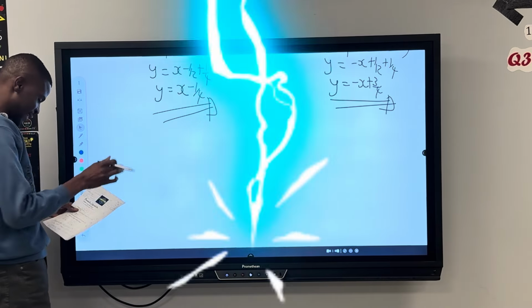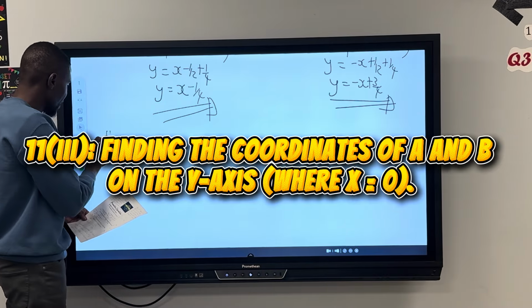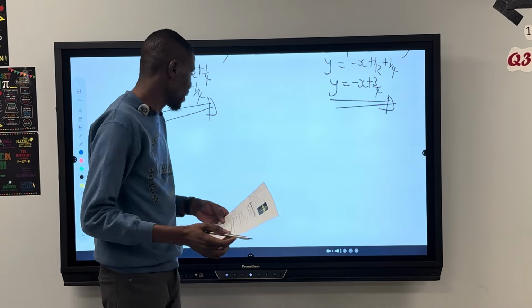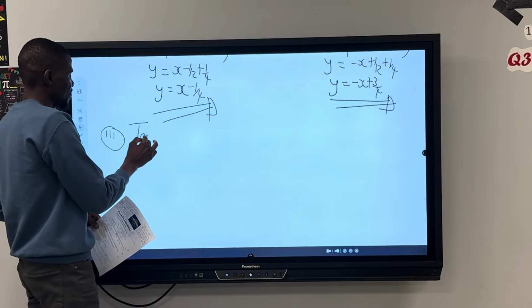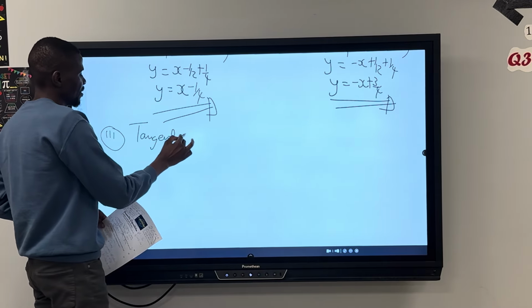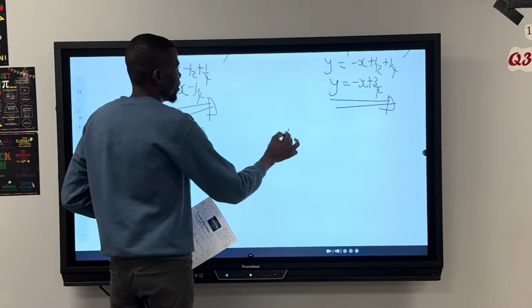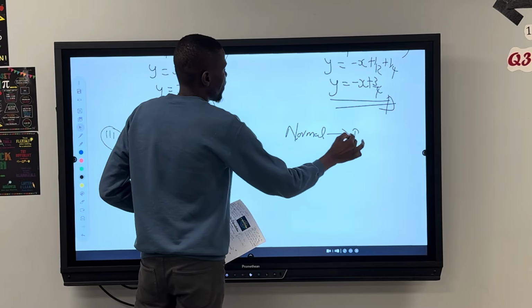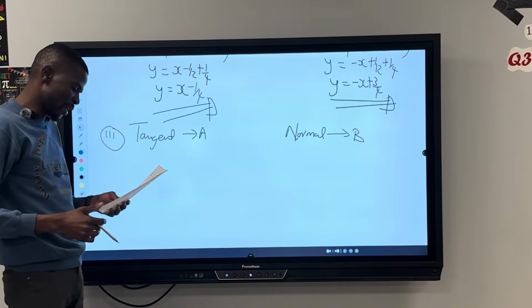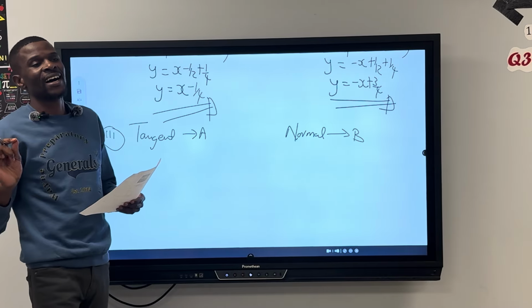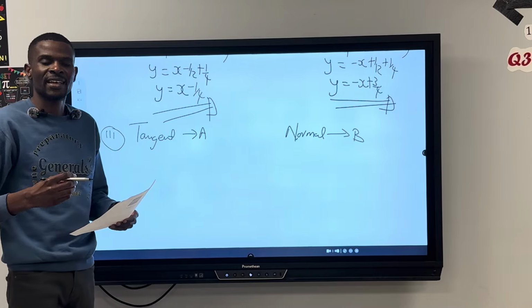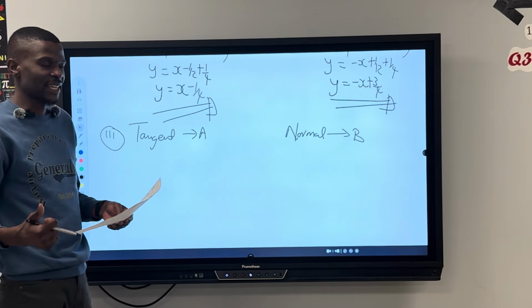So now on the last part, which is item 3, if the tangent and the normal meet the y-axis, the tangent is meeting at A and the normal is meeting at B. It's intersecting the y-axis at B. So remember, on the y-axis or the y-intercept, x will be what? 0, right?